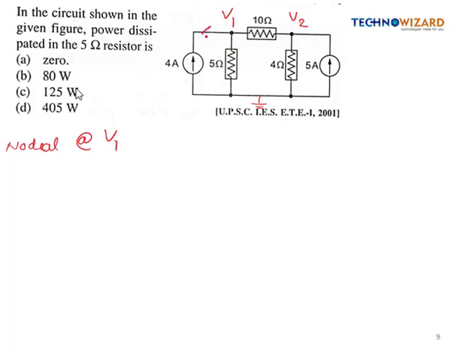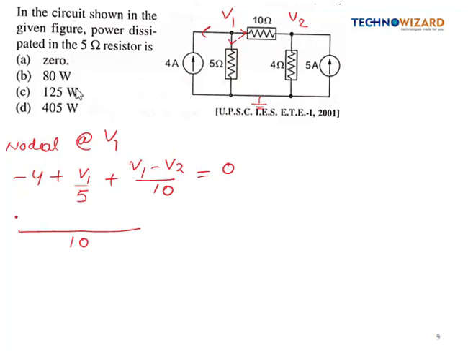We mark the current in the outward direction, so it will be simply -4 plus V1 by 5 plus (V1 minus V2) by 10 is equal to 0, right? So after taking the LCM 10, it will be -40 plus 2V1 plus V1 minus V2 is equal to 0. So it will be 3V1 minus V2 is equal to 40.